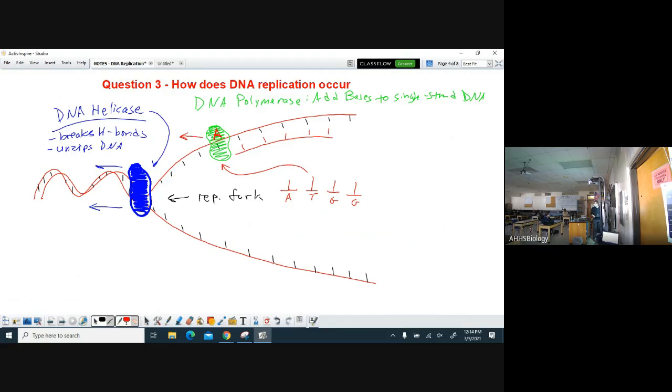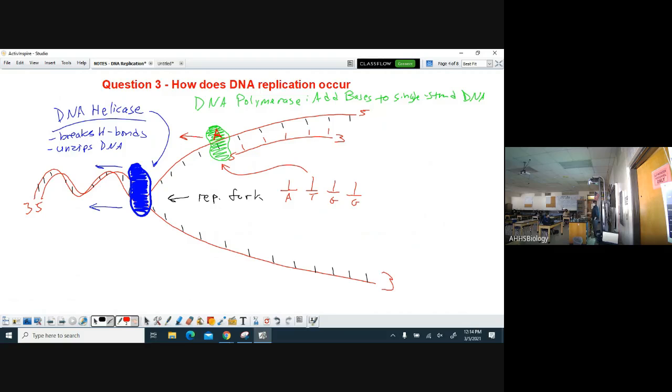There's a problem here, okay? The problem is, I'm going to use my numbers here. This is the 5' end, right? So what's this? 3', 5', 5', 3'.